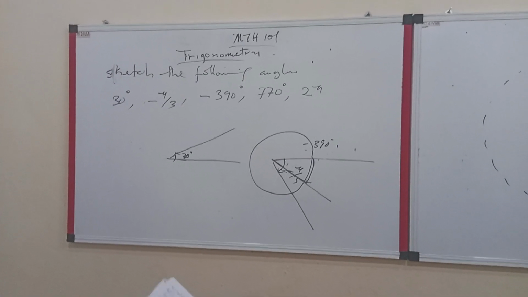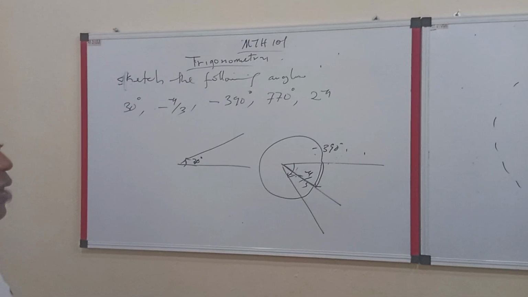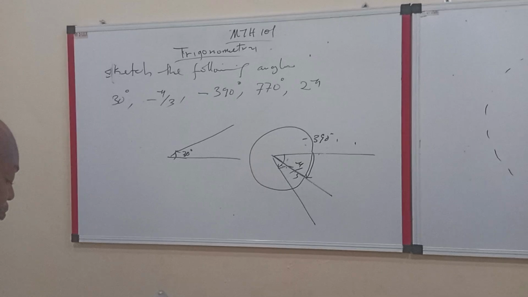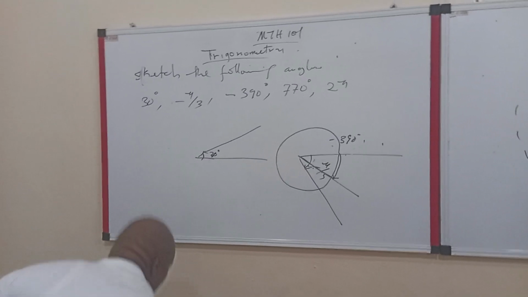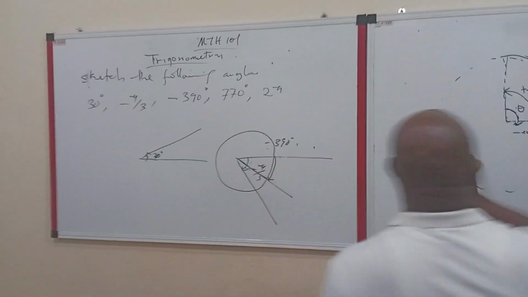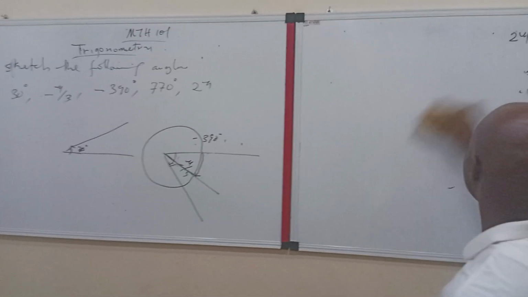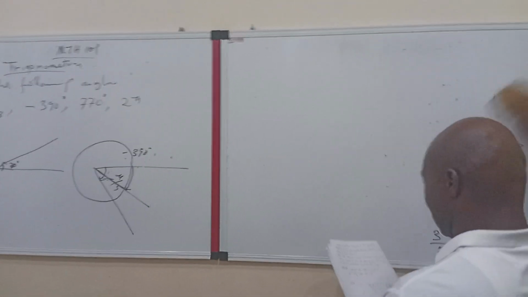And as I have said earlier, we can also talk about converting from one measuring unit to the other. We can convert from radians to degrees and from degrees to radians. Let me also give you a few examples that we can test ourselves with.